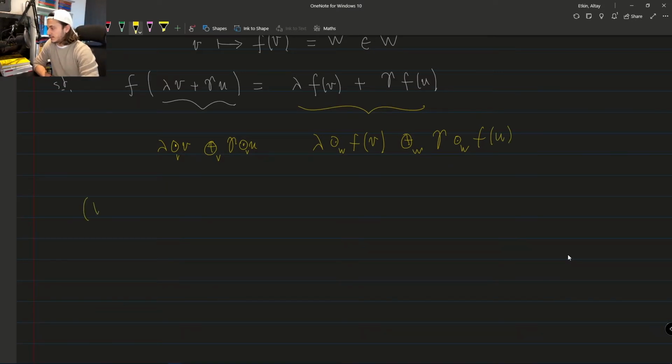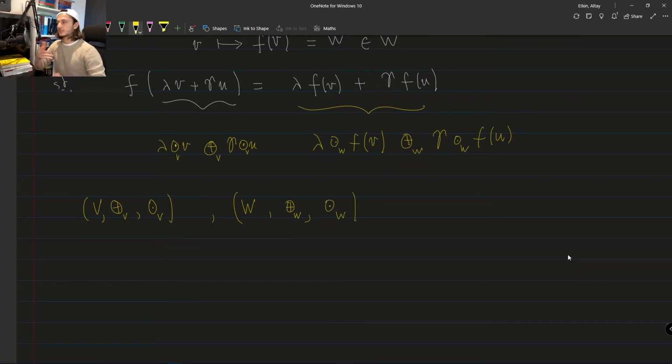Why? Because V is equipped with this addition binary operation and this scalar multiplication, and W is similarly equipped with an addition operation in W and a dot operation in W as well.